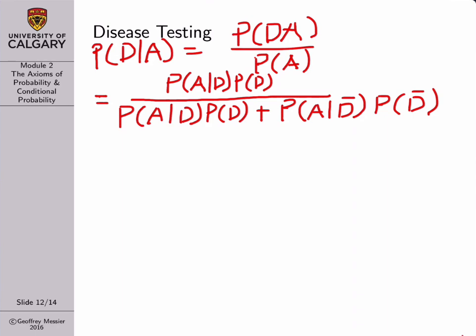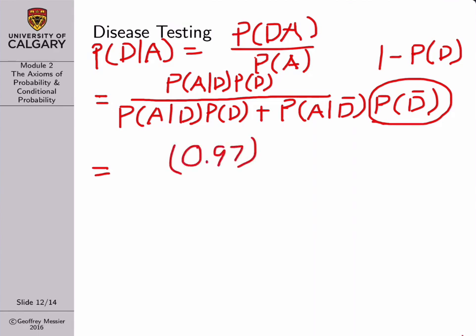Right? So our universal set that we've used on the denominator consists of having the disease and not having the disease. And so we have all of these values. We don't have the probability of not having the disease, but we know that it's equal to 1 minus the probability that we do have the disease. And so we can now plug in all of our values.